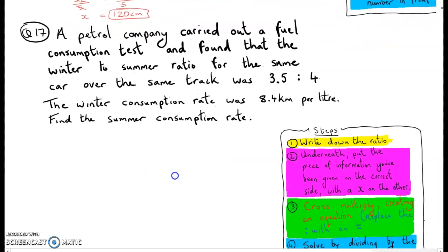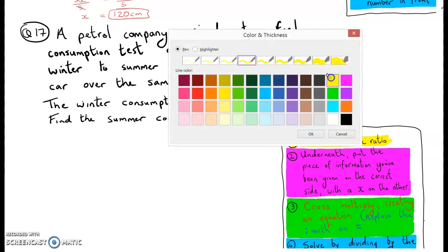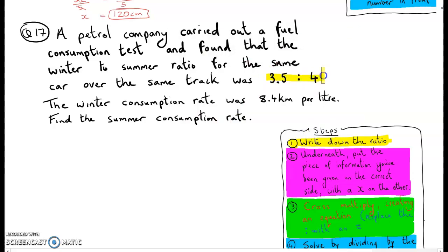A petrol company carried out a fuel consumption test and found that the winter to summer ratio for the same car over the same track was 3.5 is to 4. So let me just help you out here by highlighting that in yellow, because there's our ratio numbers. 3.5 is to 4. Found that the winter to summer, remember, winter to summer, the winter consumption rate was 8.4 kilometers.